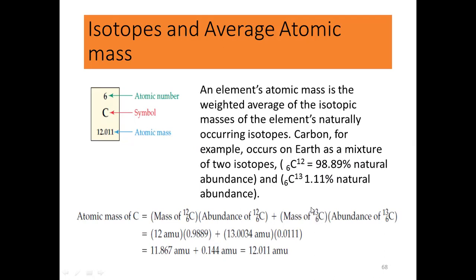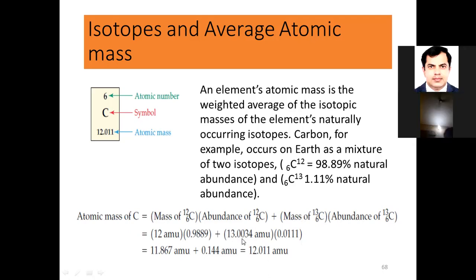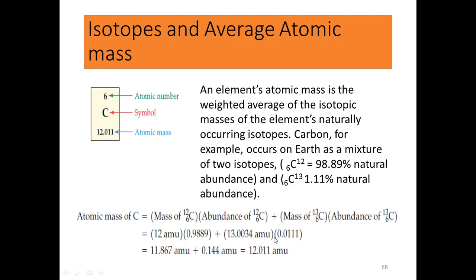Now plus, you can put the mass of carbon-13. The carbon-13 mass is 13.00434, multiplied by its percent abundance, that is 1.11, and again you have to divide this figure by 100. This will become 0.0111.